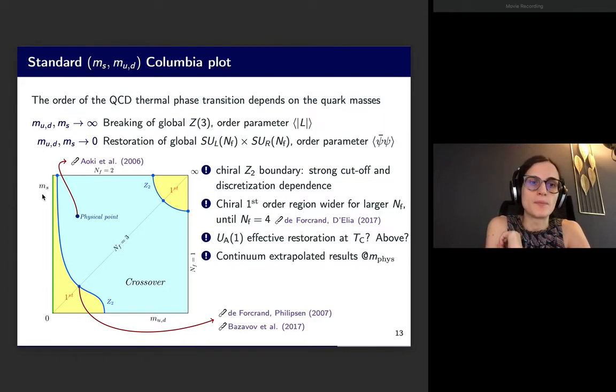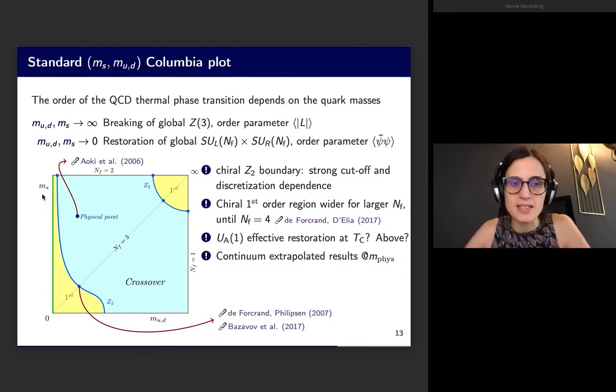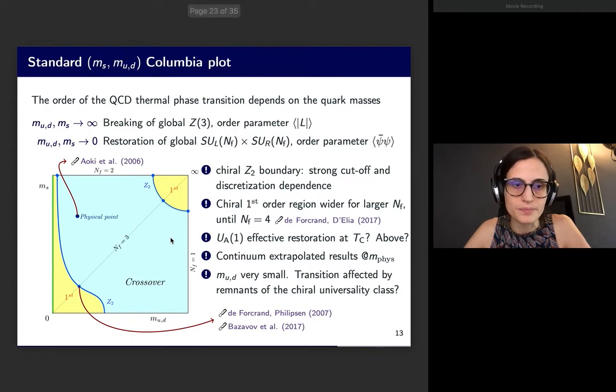Another word of warning about this plot is that this is not based on continuum extrapolated results. Actually, the only point that we can safely locate on this plot is the physical point, where we know since 2006 that there is a crossover and not a true phase transition.